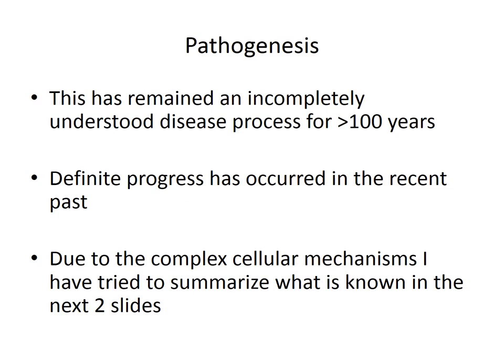So let us start talking about the pathogenesis. This has remained an incompletely understood disease process for over 100 years, but definite progress has occurred in the recent past. Due to the complex cellular mechanisms, I have tried to summarize what is known in the next 2 slides.